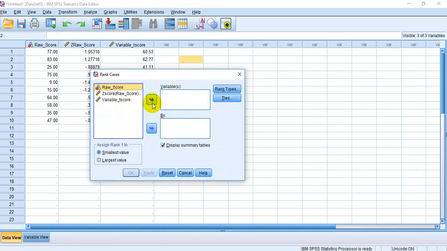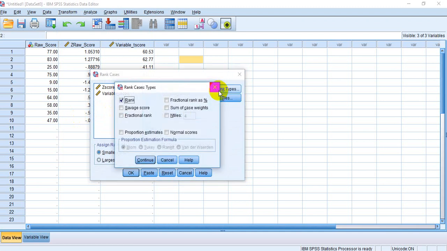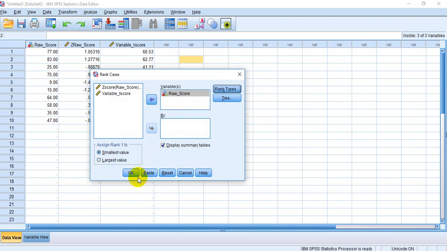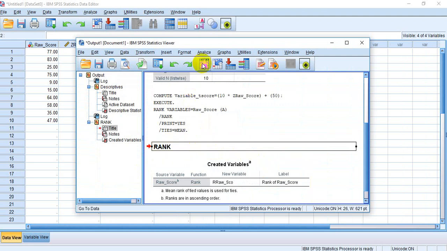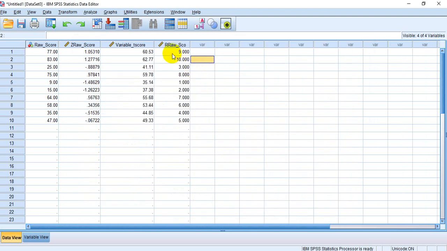You can put this here, rank types. You see rank, you can continue the rank, standard, okay. You see the rank of the raw score.